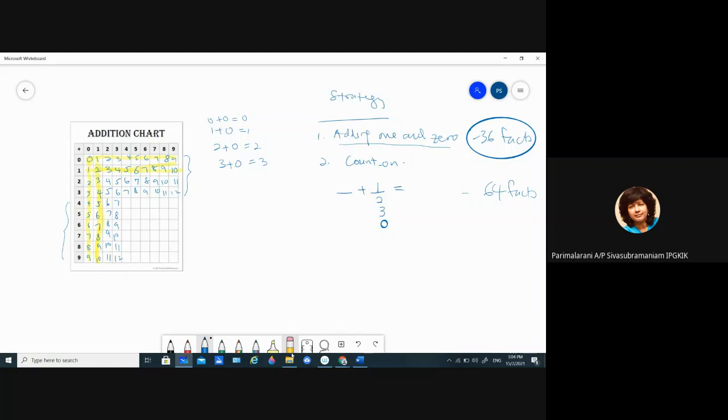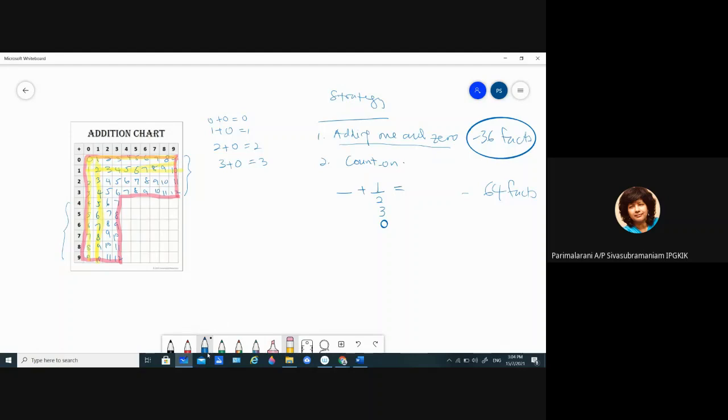So there are 64 squares here with a number. From here to here, all these facts, there are 64 facts. All these facts here, we can learn using the count on strategy.